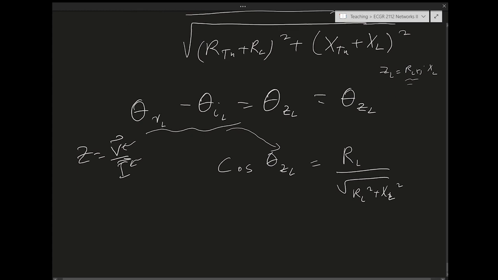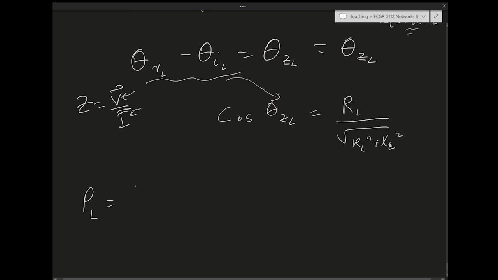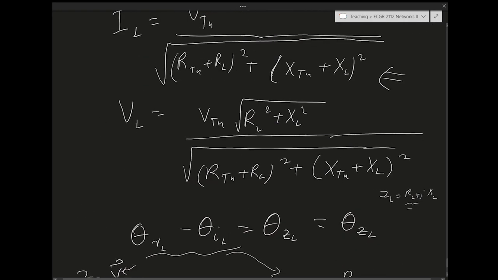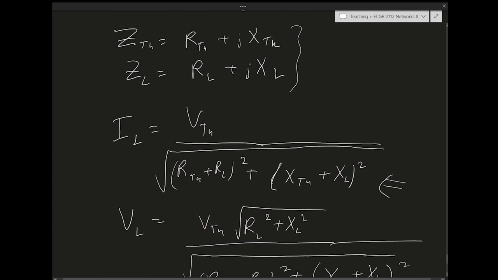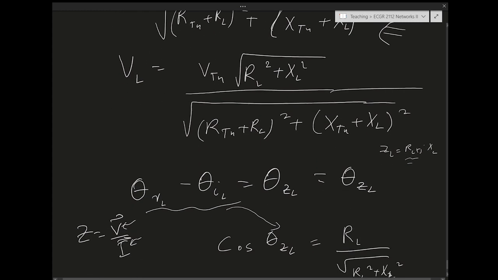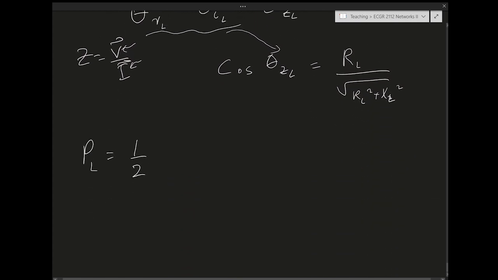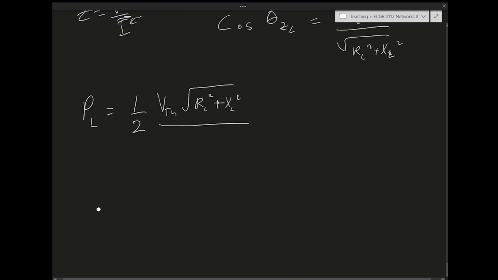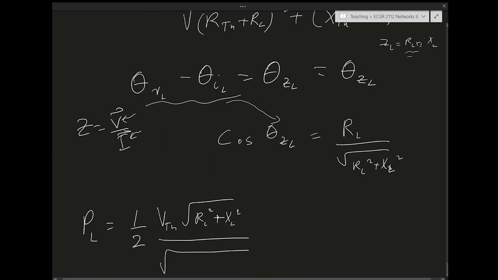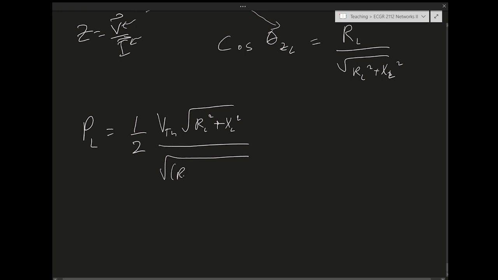So it's time for us to plug everything back in. So PL equals half. What's VL? VL is, yeah, it's this term, V Thevenin times the square root of RL squared plus XL squared over the square root of, let me write it down. It's a lot to write down, but that's fine.